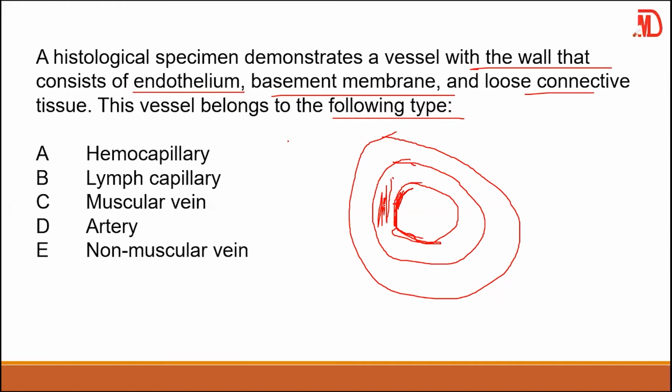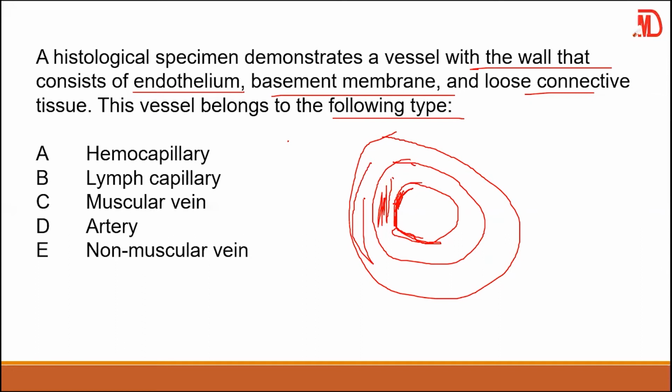And sometimes we have very few muscles. So in that case, we could be talking about the non-muscular vein, because every artery has either elastic or muscle. So in case of very few muscles, then we could be dealing with a vein.